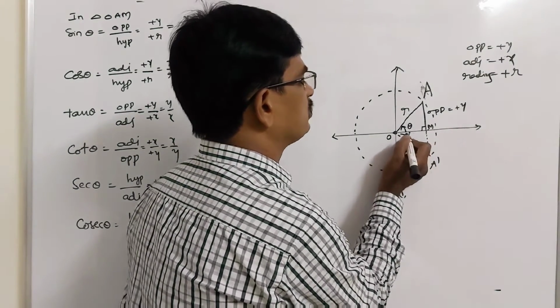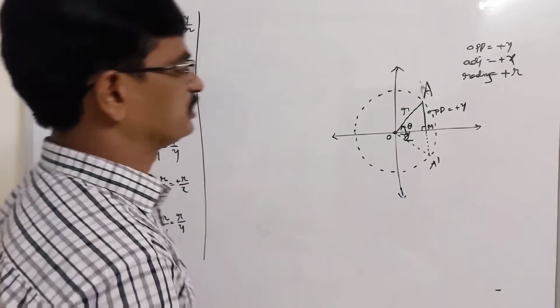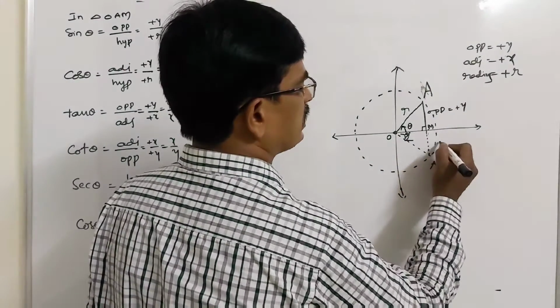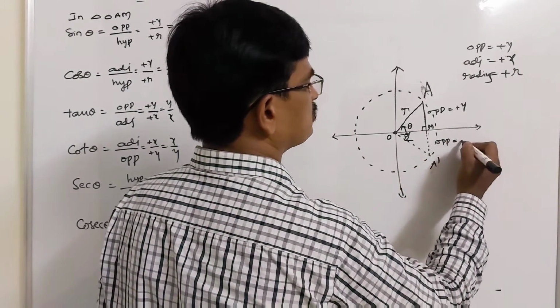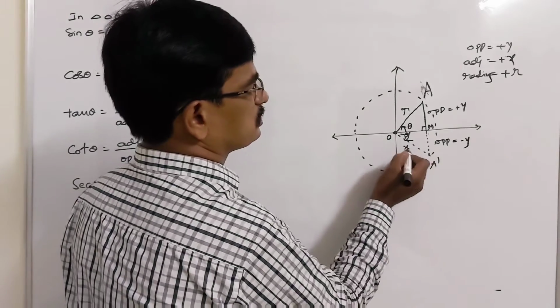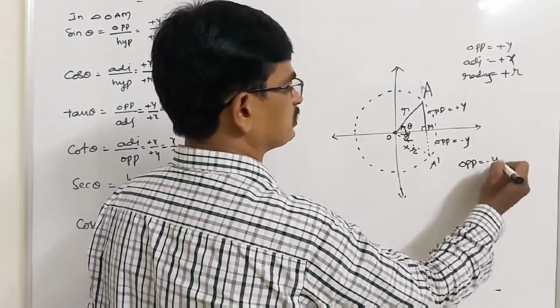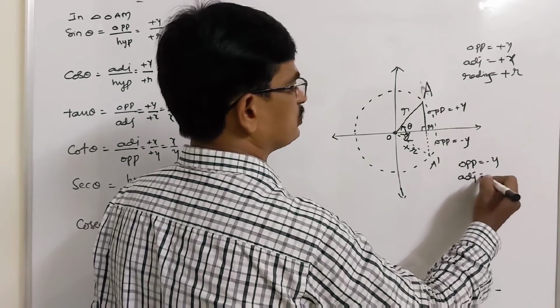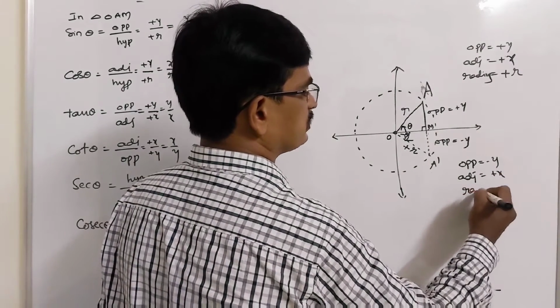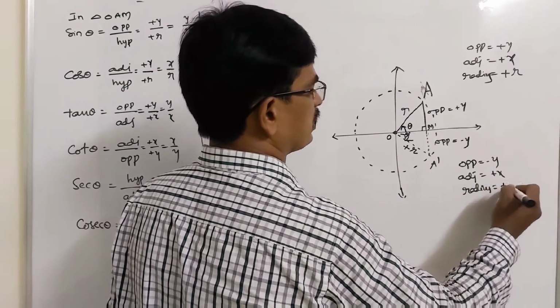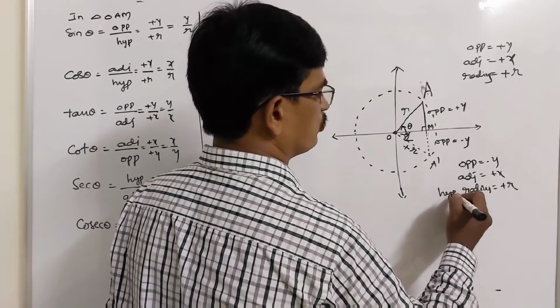So here theta becomes minus theta. This MA dash is the opposite side, that is minus y. This is plus r. That is, opposite side is equal to minus y, adjacent side is equal to plus x, radius is equal to plus r. Radius is nothing but hypotenuse.